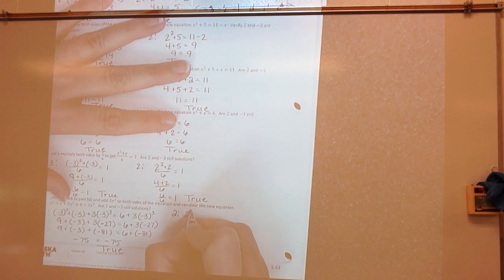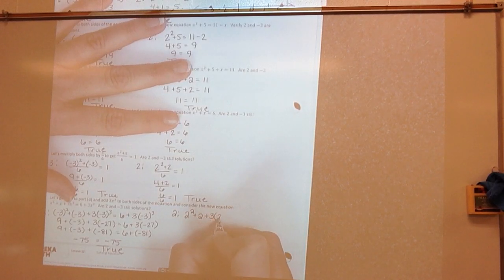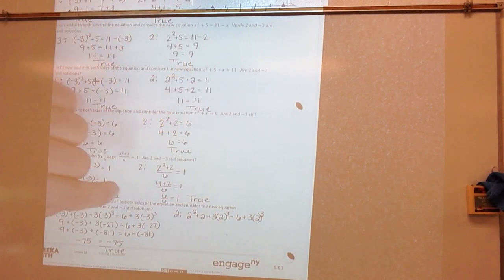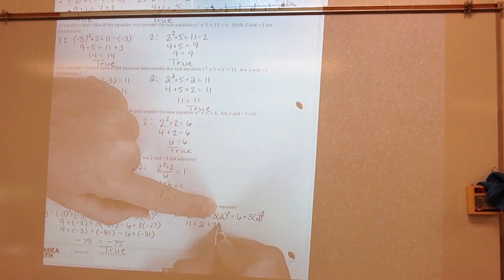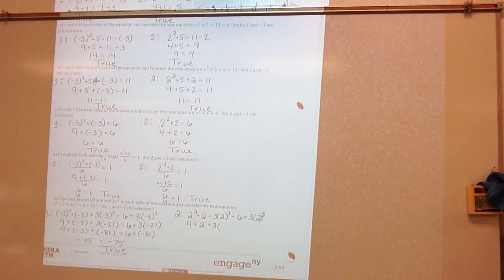So I get 2 squared plus 2 plus 3 times 2 cubed is equal to 6 plus 3 times 2 cubed. So 2 squared is 4 plus 2 plus 3 times 2 cubed. 2 times 2 is 4 times 2 is 8.